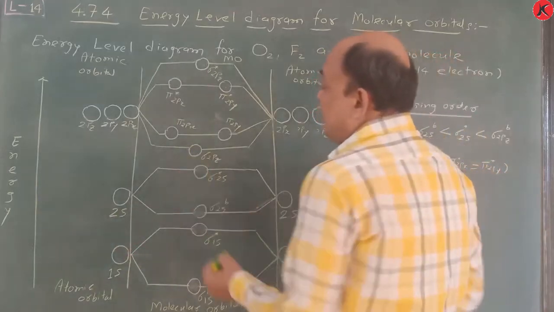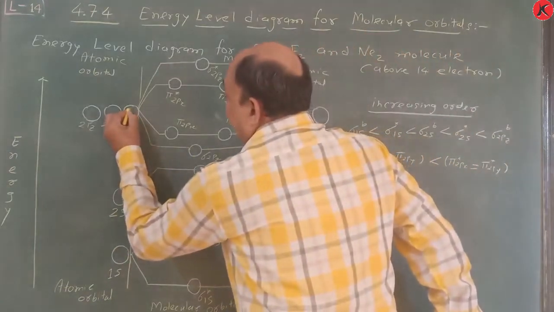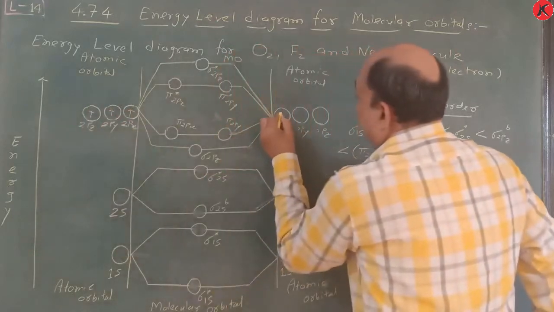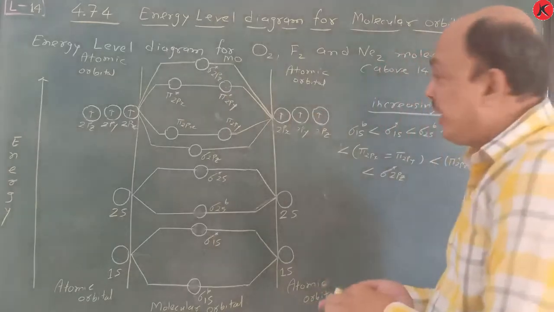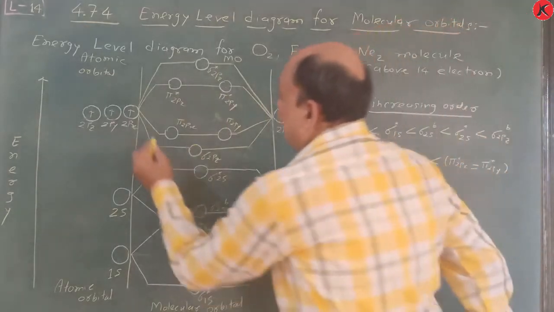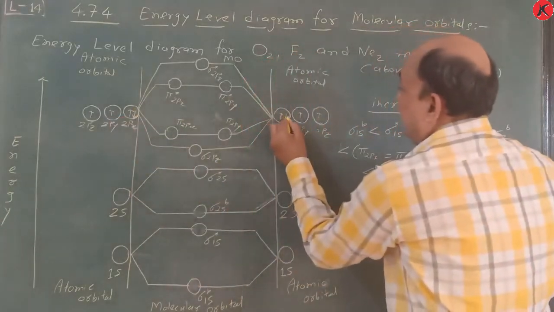But just you see the change in order here, because here 1 electron, 2 electron, 3 electron, 1 electron, 2 electron and 3 electron are there. Okay, so if we share here, there is no problem.